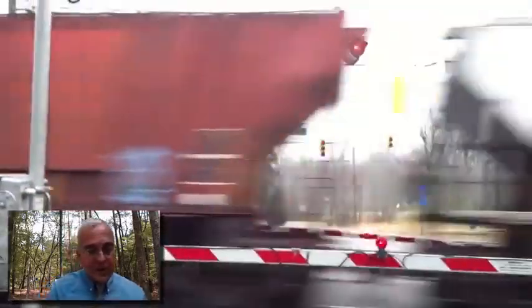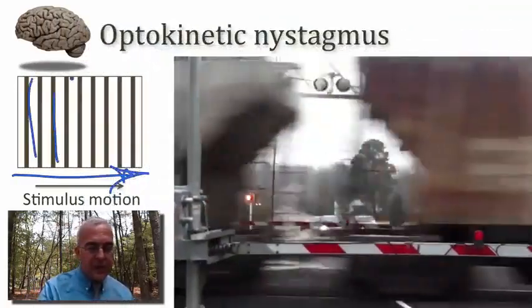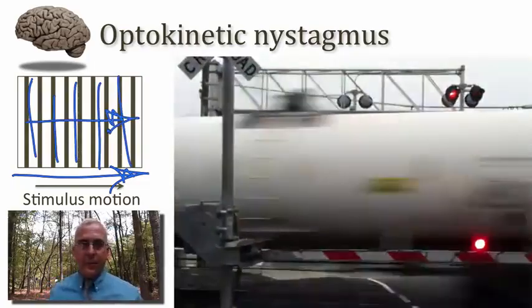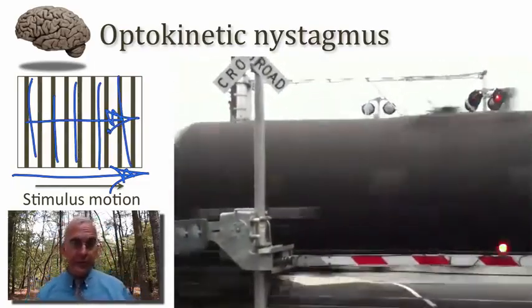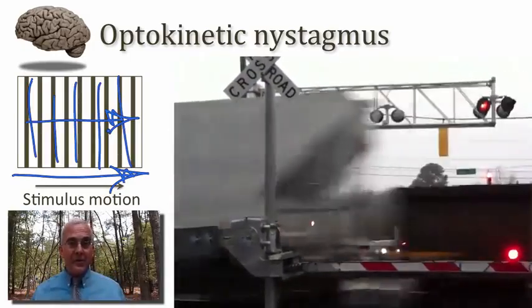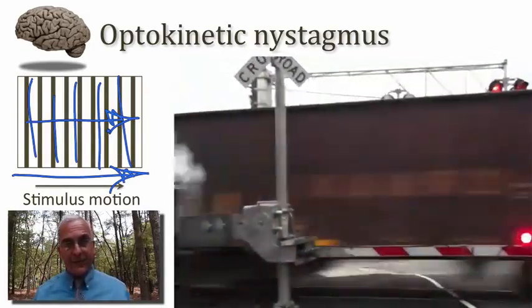That train generates a very distinct pattern of linear motion from one side to the next. There are various elements of that train, vertical features, for example, that are passing in one direction or the other through your visual field. It's really difficult not to be grabbed by that visual stimulus.